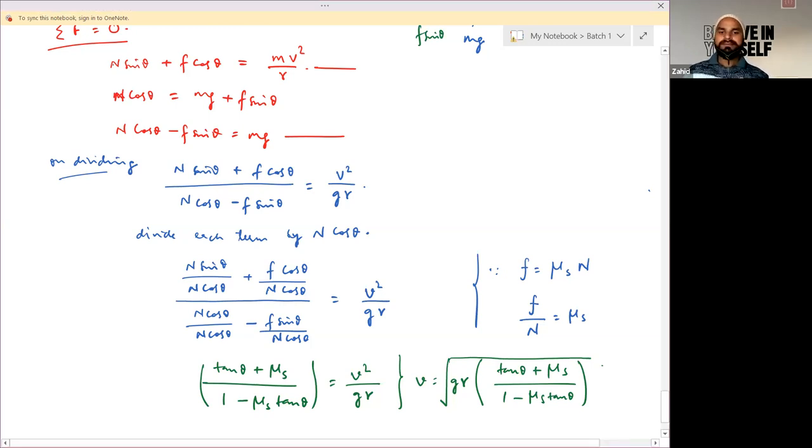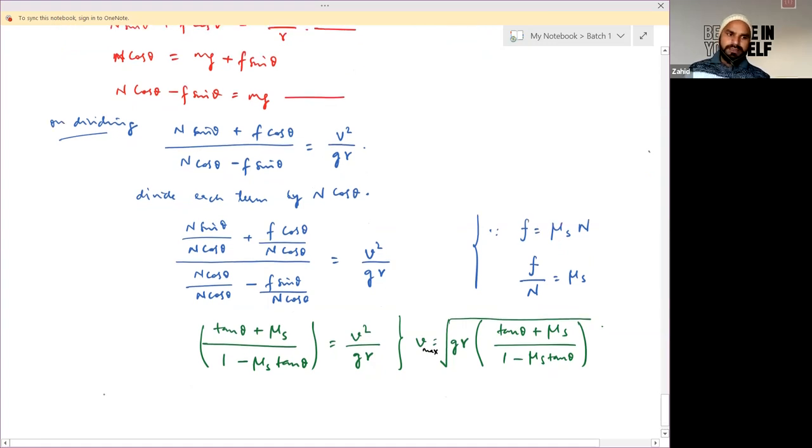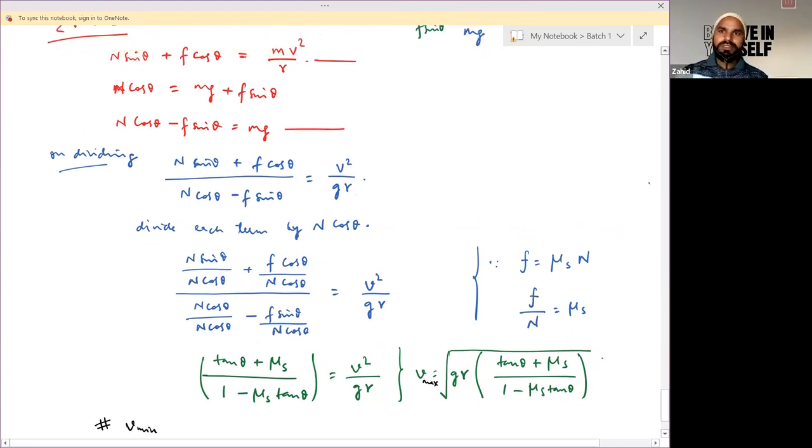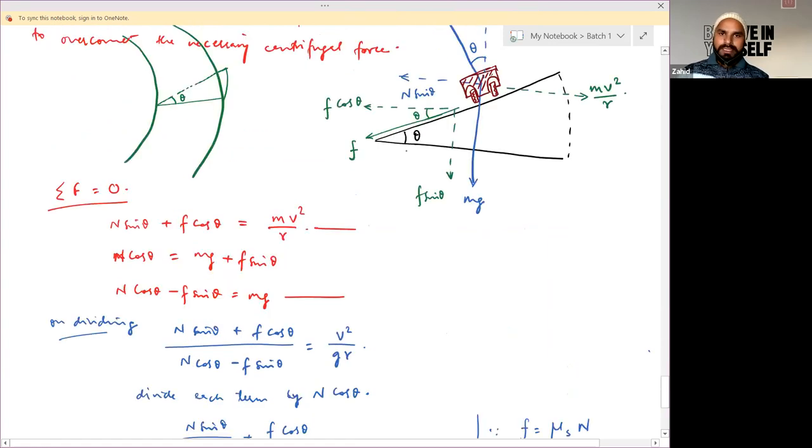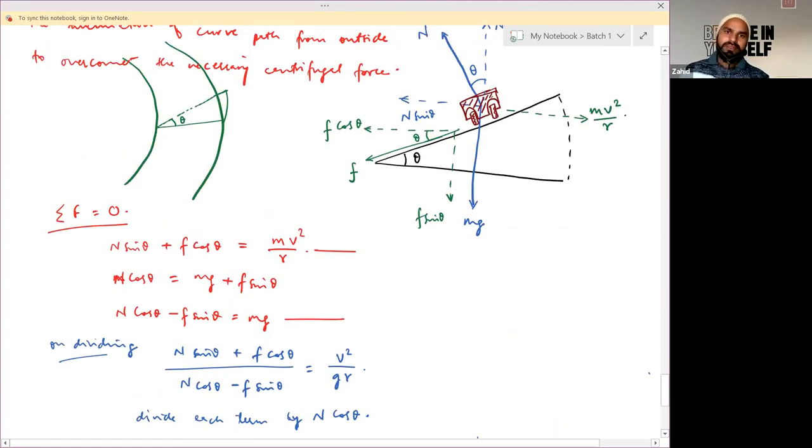Is it clear? So this will be the maximum velocity of a body. You may be asked to find V minimum. And for V minimum, friction will act opposite to its motion. In this part, I have assumed friction is acting on this particular object towards the center. So for minimum velocity, it will be acting away from the circular path.